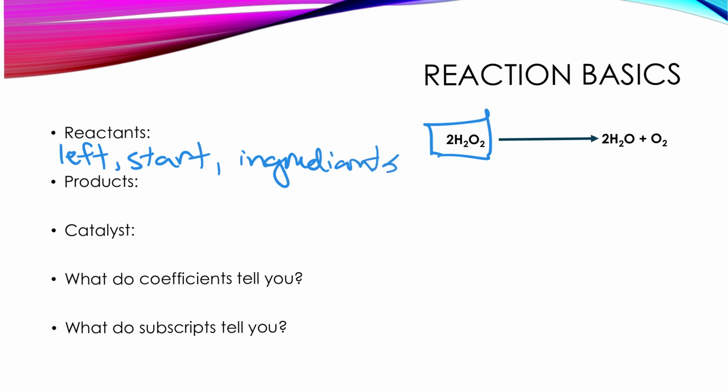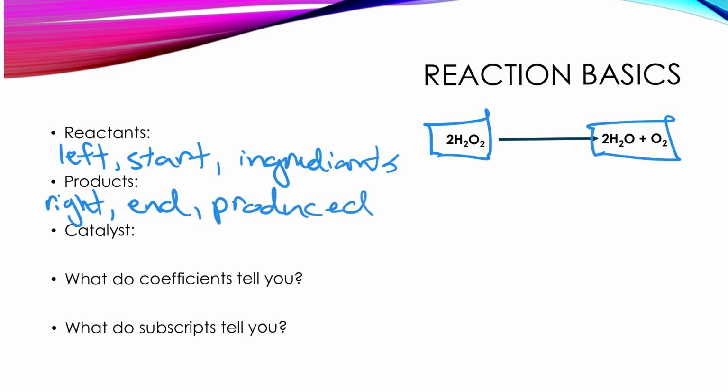It's what you're going to be mixing together. And the products are over on the right side, and they're what is present at the end of the reaction. Like the word products, it's what's produced. Different words can describe those, but you want to think about the ingredients versus what is made.